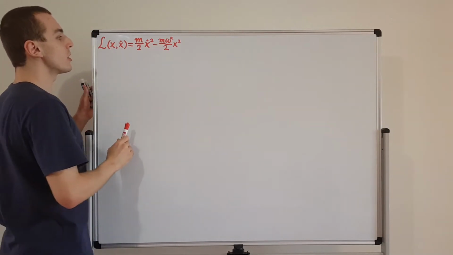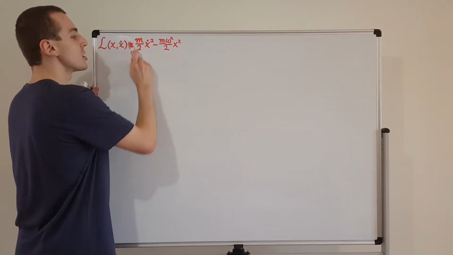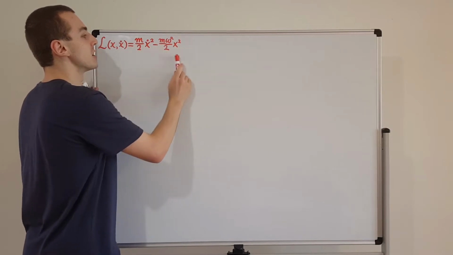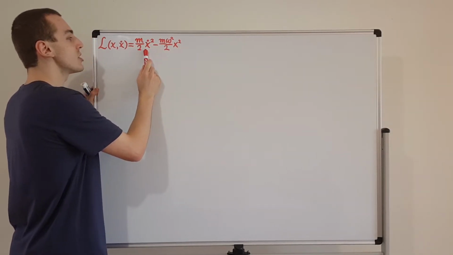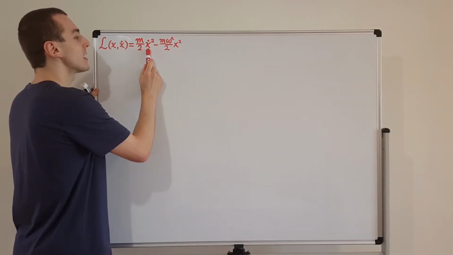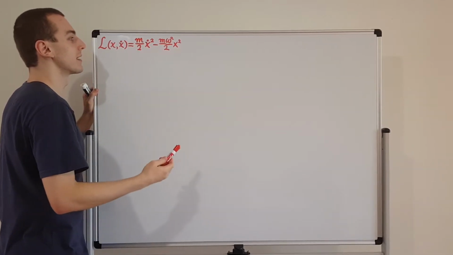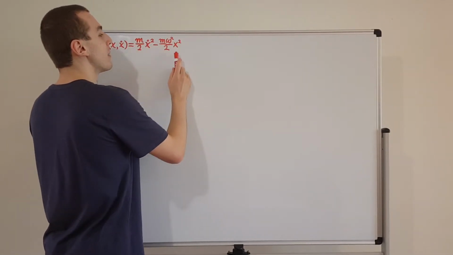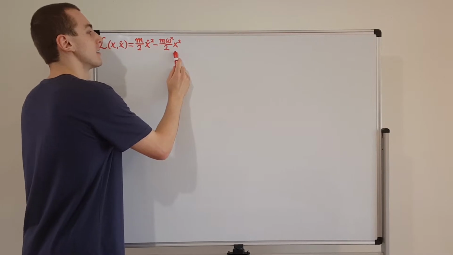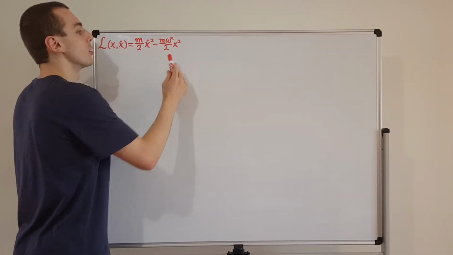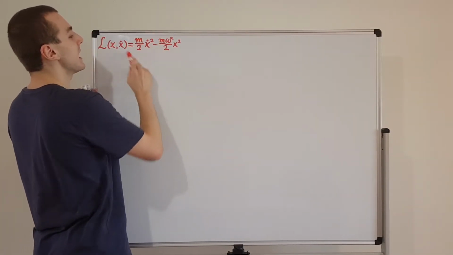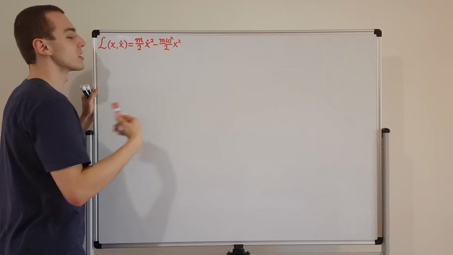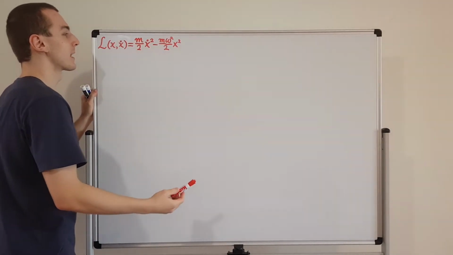So the important thing to notice is that this is a kinetic energy term and this is a potential energy term. This kinetic energy term depends on how fast the particle is moving. And this potential energy term depends on where the particle is. Potential energy is determined by your location, and the kinetic energy is determined by your velocity, how fast you're moving.